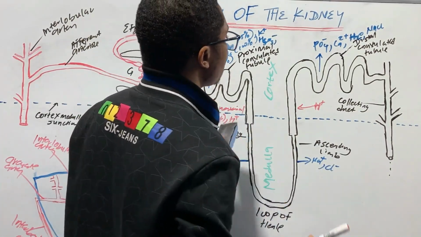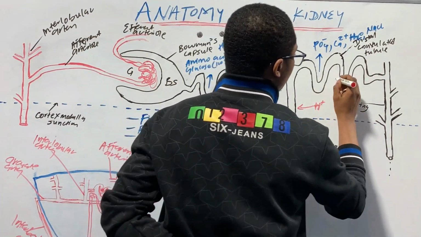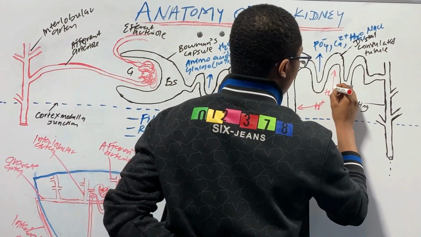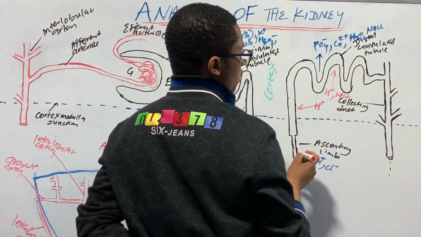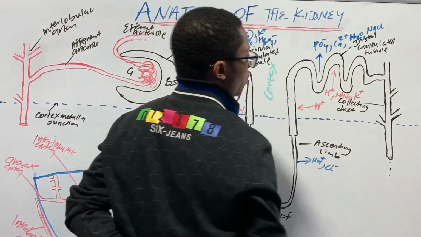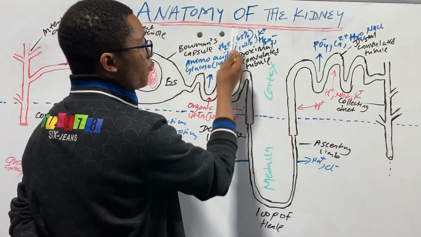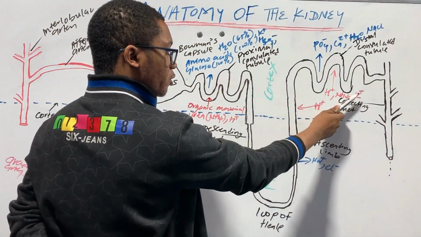So the materials that are secreted into the distal convoluted tubule: we have the hydrogen ion. We also have ammonia that is secreted here. We also have potassium ion. Remember, in the proximal convoluted tubule we have the reabsorption of potassium ion, but in the distal convoluted tubule there's a secretion of what?